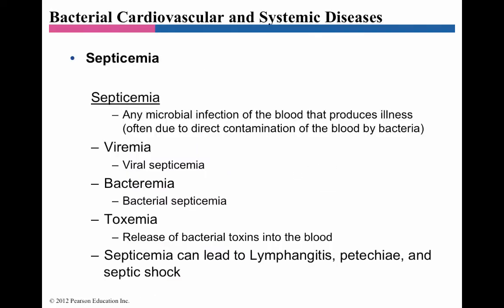All right. So some terms that you really need to know. I've told you that infections of the cardiovascular system tend to be what's called systemic because it is system-wide. We have other special names to give a little bit more detail about that systemic type infection. So we have a term called septicemia.